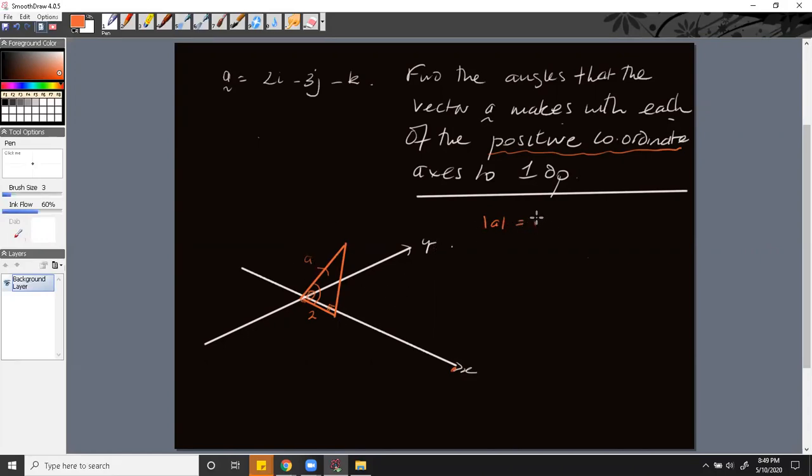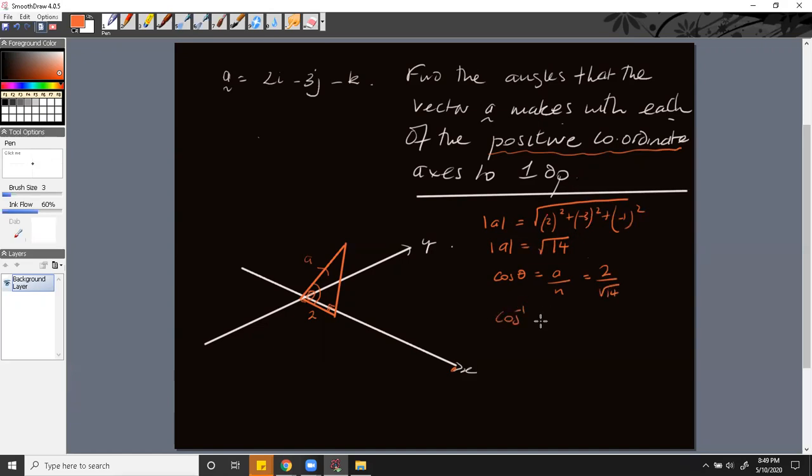So let's work out the magnitude of A first. That is going to be 2 squared plus minus 3 squared plus minus 1 squared. So the magnitude of A is going to be the square root of 4 plus 9 plus 1, which is the square root of 14. Okay, so the cosine of theta is adjacent over the hypotenuse, which is 2 over the square root of 14.